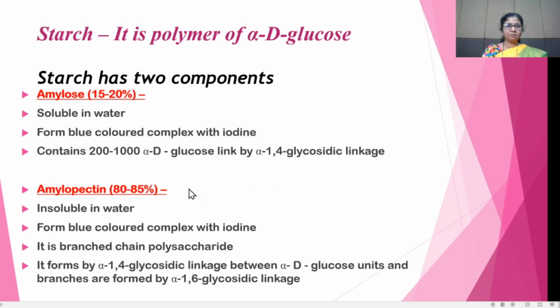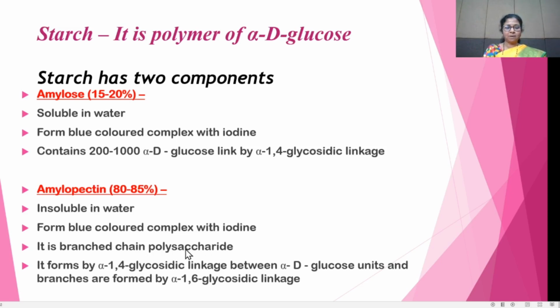The second part present in starch is amylopectin, which is 80 to 85%, while amylose is 15 to 20%. Amylopectin is insoluble in water, and it forms a blue colored complex with iodine. It is a branched chain polysaccharide.